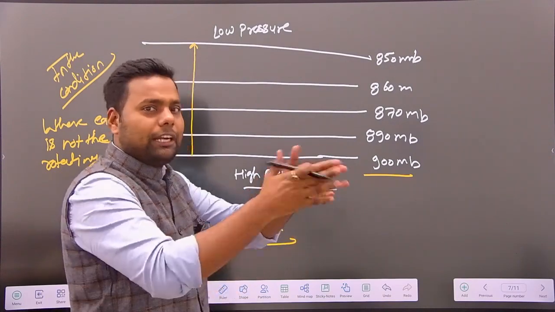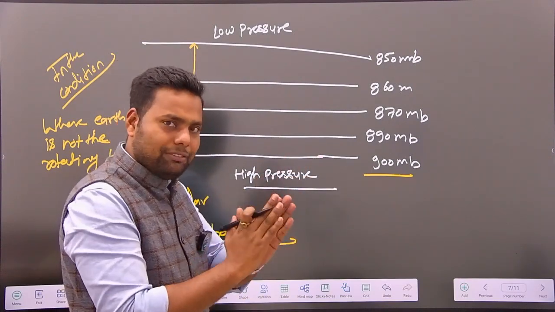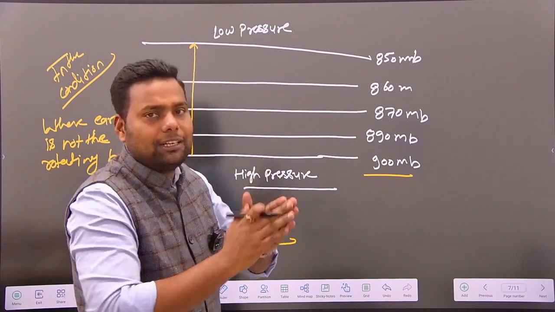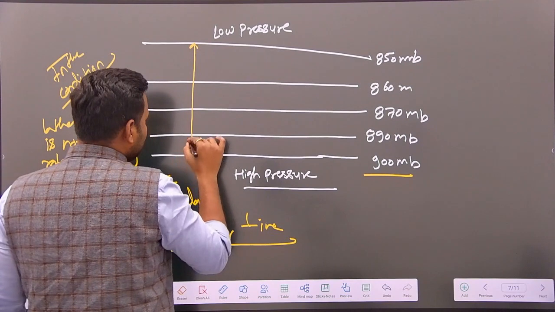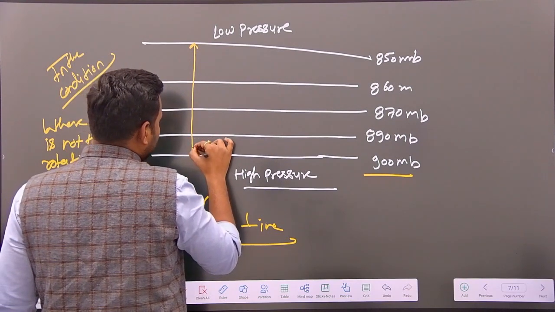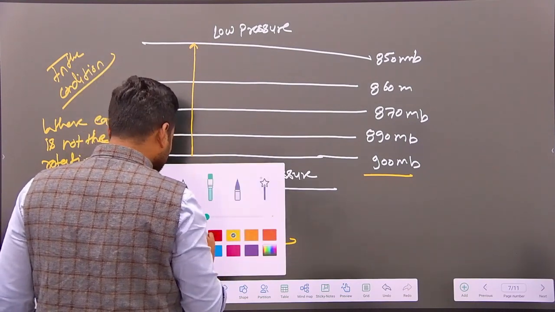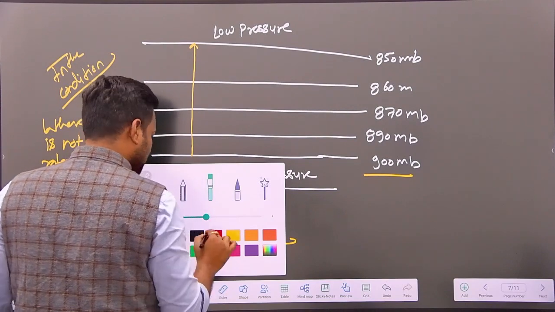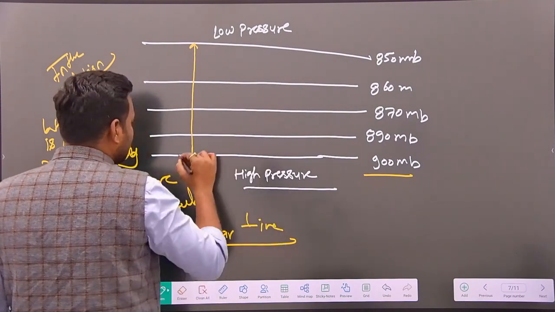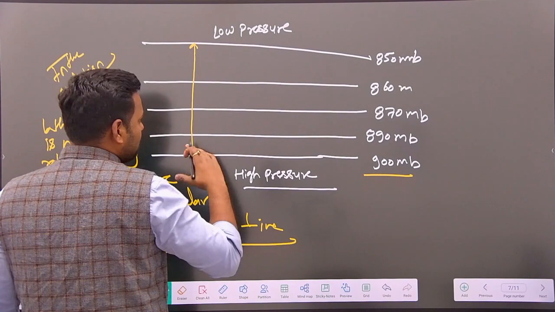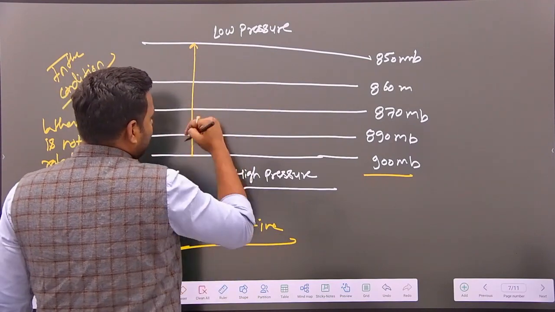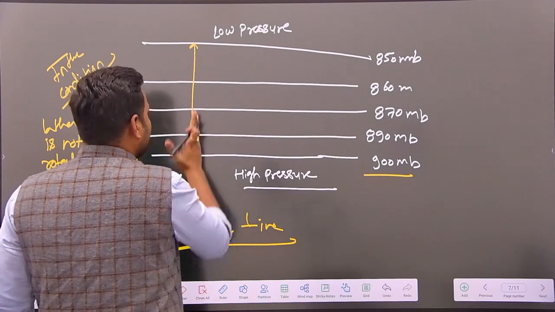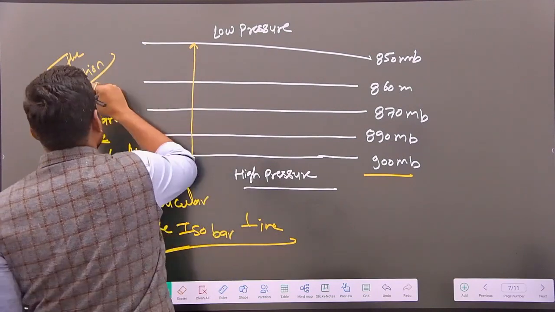It does not create force, it always acts to change the direction of the wind. In the northern hemisphere the Coriolis force moves rightward. So there is a difference in pressure, and the winds are perpendicular to the isobar line when the earth is not rotating.